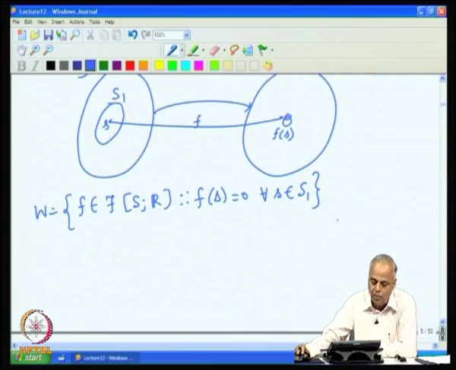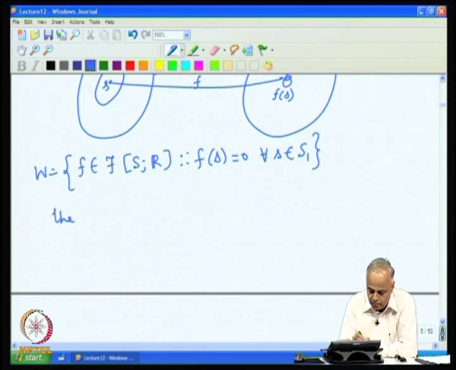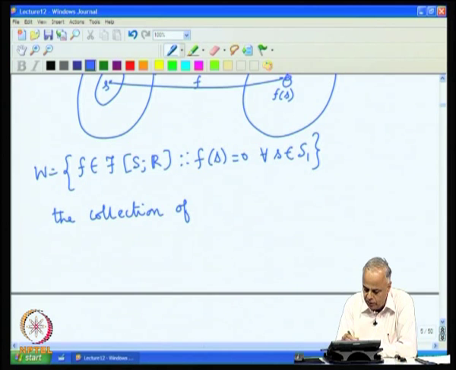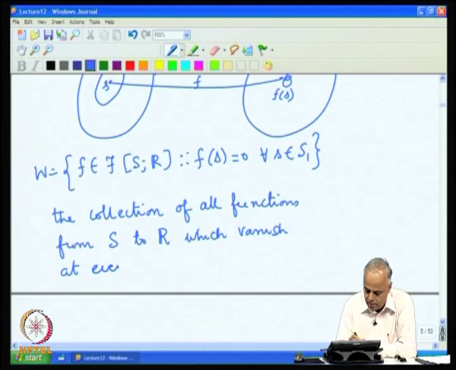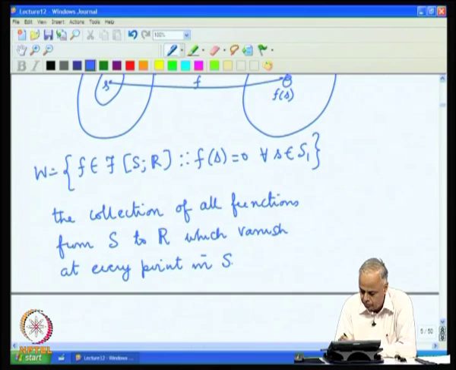So, it is the collection of all functions, and what sort of functions are these? These are from S to R, and what else? They must vanish at every point in S1, that subset.